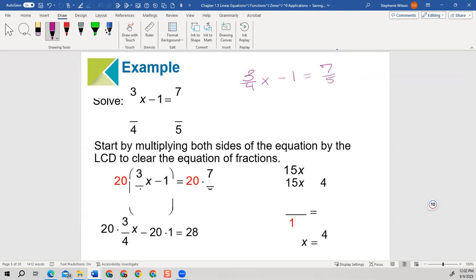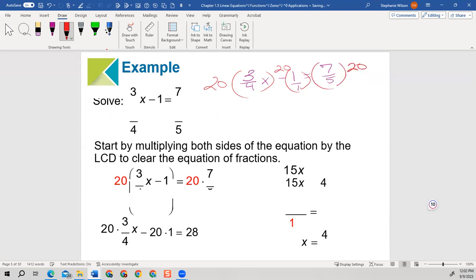So what we need to do is find the least common denominator, right? Because if I can find the least common denominator, I can undo these fractions. I noticed that the denominators have a 4, this one is just seen as over 1, and this one's 5. 5 is prime, so 4 times 5 is 20. We're going to call it our least common denominator, and that means every term is going to be multiplied by the 20.